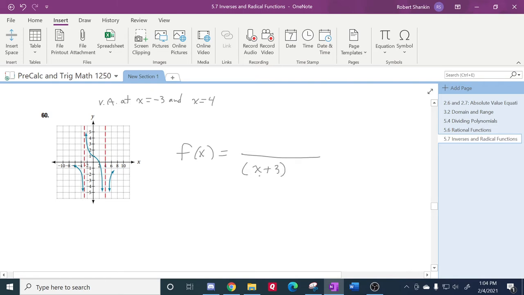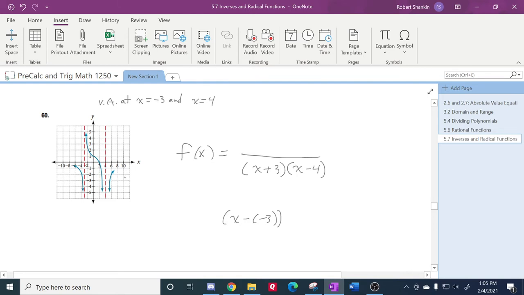Negative 3's got to make the denominator be 0. Now I could have written that as x minus a negative 3, but that would reduce to this, because it's always x minus whatever that intercept is. And then 4 would also cause the denominator to be 0. So those are two key features we need to have for this.